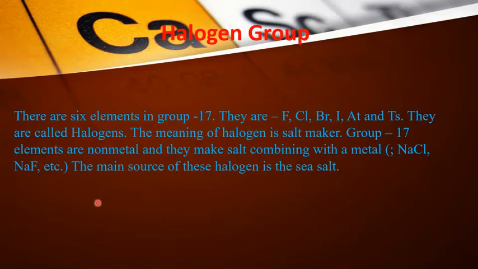For example, fluorine joined with sodium, potassium or calcium produces sodium fluoride, potassium fluoride, calcium fluoride; chlorine produces sodium chloride, calcium chloride. So they produce salt by joining with a metal, and these salts are found in seawater. So the elements of group 17 are called salt makers, and they are called halogens because halogen means salt maker.